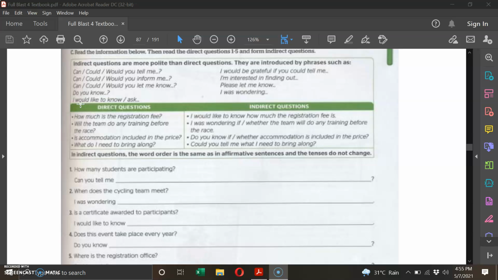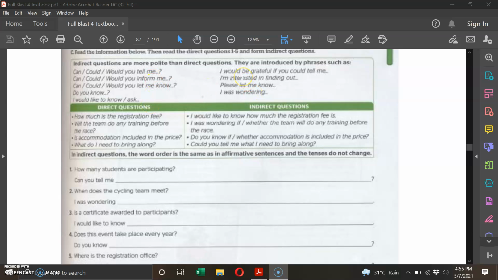Got it. So in the box given, there are some examples of indirect questions. For example, can, could, or would you tell me so and so? Would you inform me? Would you let me know? Do you know? I would like to know. I would like to ask you about our Google Meet last night.